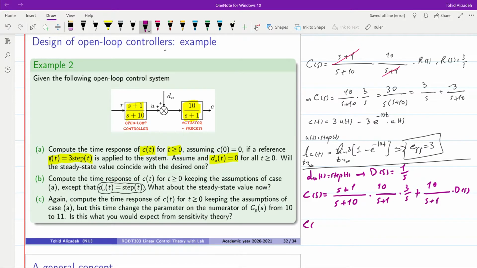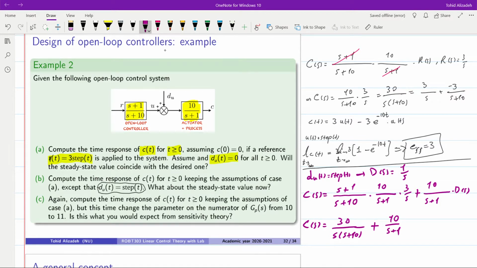And then C of s will be obtained as 30 over s times s plus 10, as before indeed, and then we will have plus 10 over s plus 1.